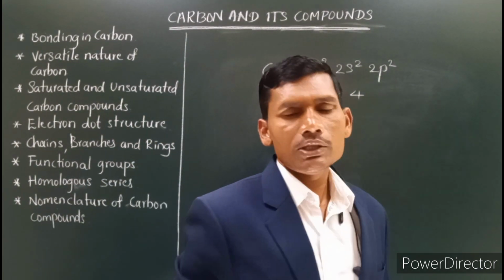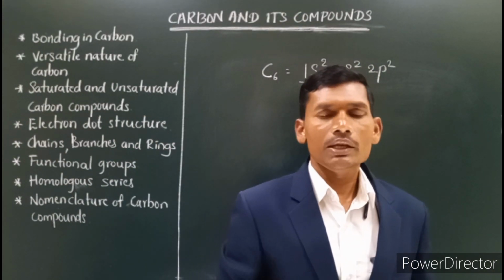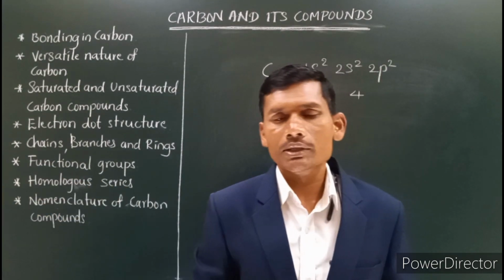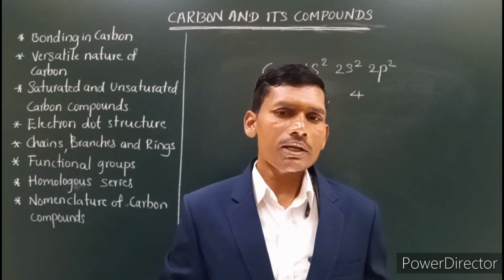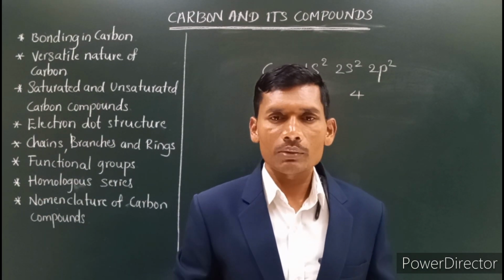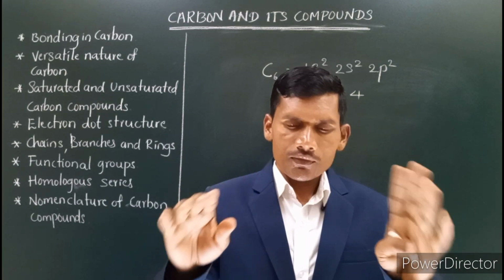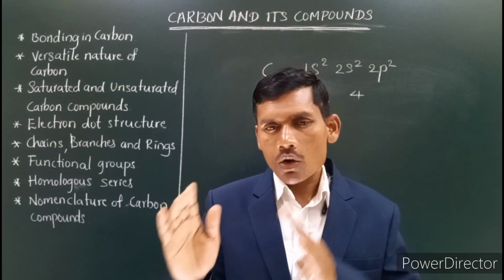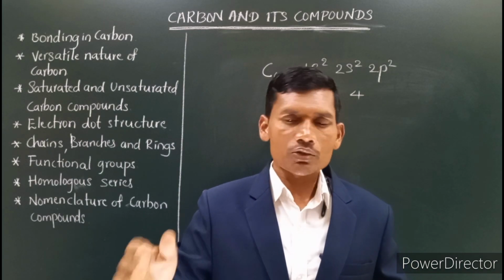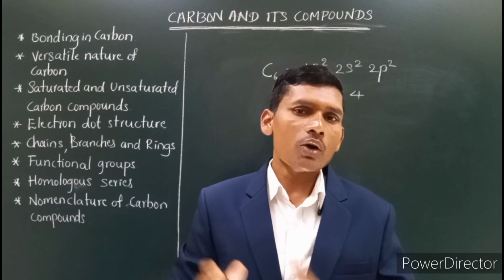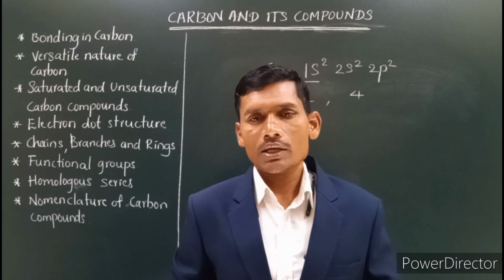Not only carbon, you take any other element. If it is reacting with some other element, there must be a reason. What is that reason? It is nothing but any element wants to completely fill its outermost orbit, which means it needs to have a completely filled outermost energy level.